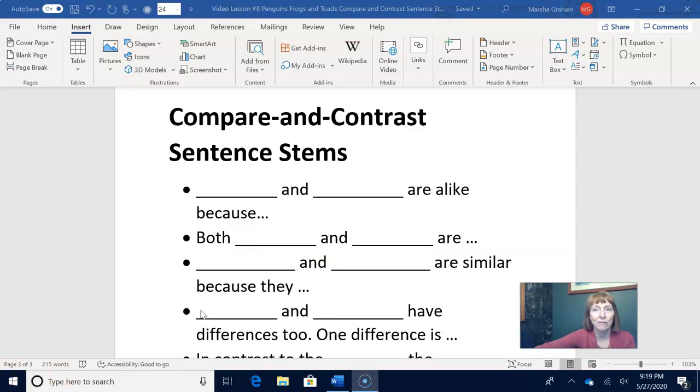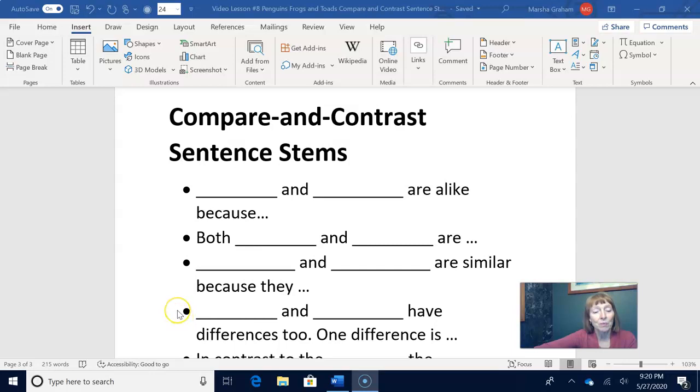Now that we've read the information, it's time to think of similarities and differences. Then write comparing and contrasting sentences. Here are some sentence stems we could use. Compare and contrast sentence stems. We could say, frogs and penguins are alike because, or both frogs and penguins are, or penguins and toads are similar because they.